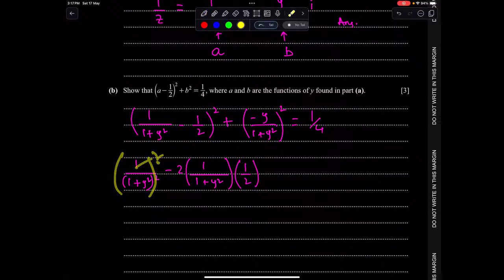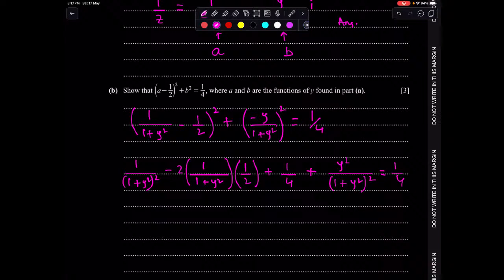So 1 square is 1, so I directly wrote 1 plus y square whole square, plus b square, which is 1 upon 2 square, so 1 upon 4. Here we have y square over 1 plus y square whole square. I distributed this power 2 to both. Now these twos will be cancelled.